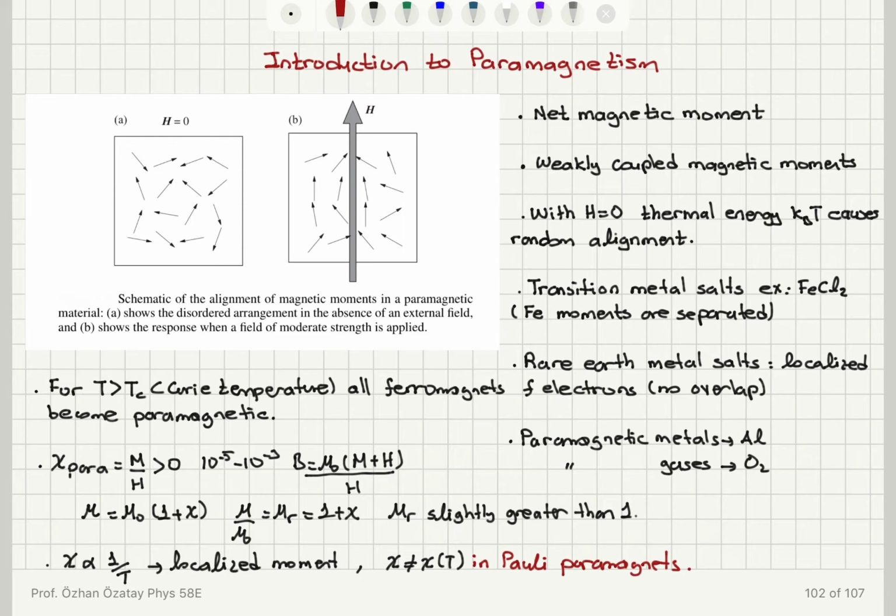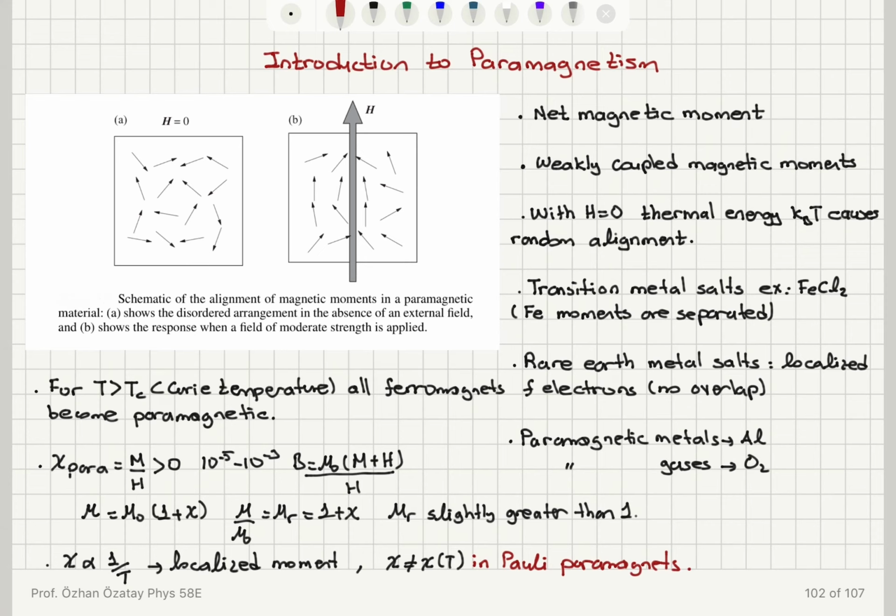Paramagnetic metals, example is aluminum, gases, example is oxygen. For temperatures above the Curie temperature, all ferromagnets become paramagnetic. The paramagnetic susceptibility is slightly greater than 0, it is small, and the corresponding relative permeability is slightly greater than 1.